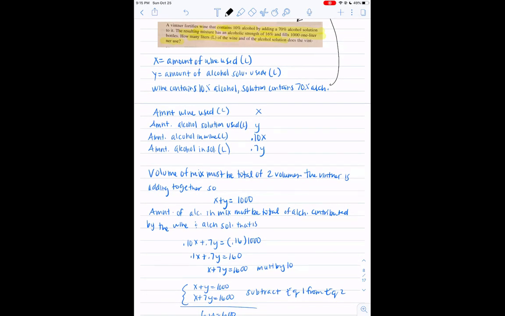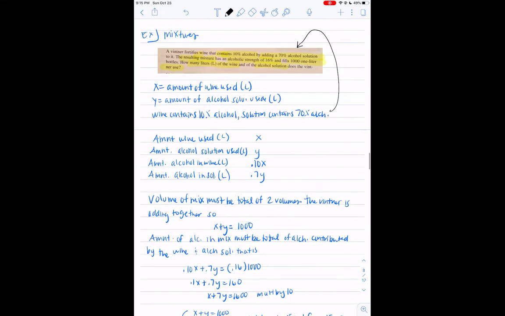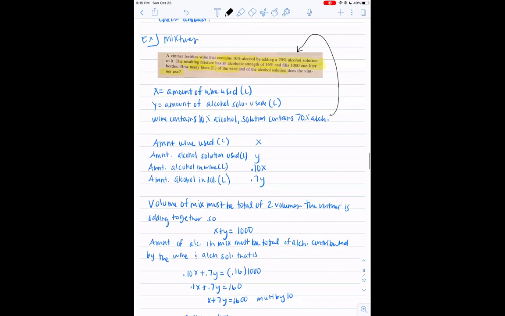So the amount of wine used is X. The amount of alcohol solution used is Y. The amount of alcohol in the wine is 0.10X because the wine contains 10% alcohol. The amount of alcohol in the solution is 0.7Y.